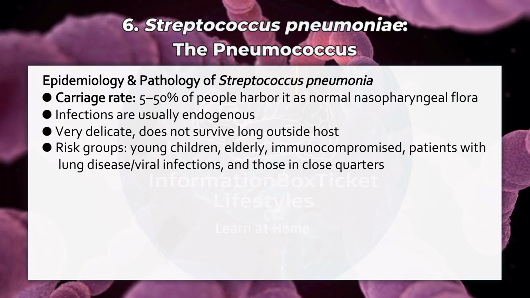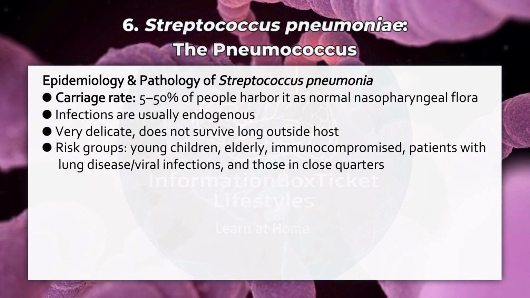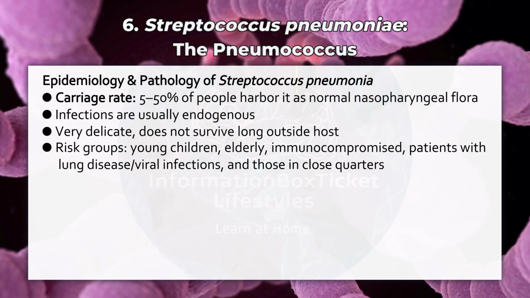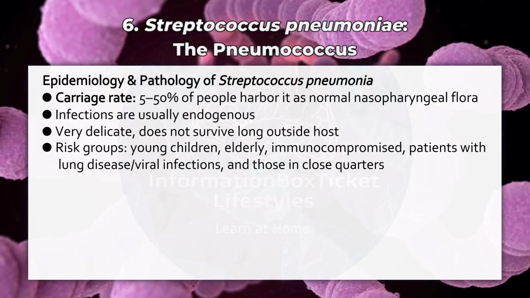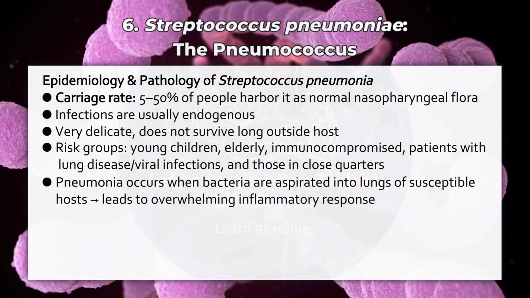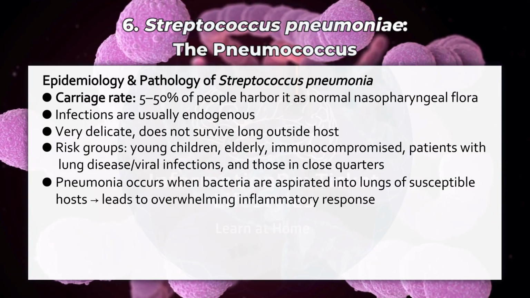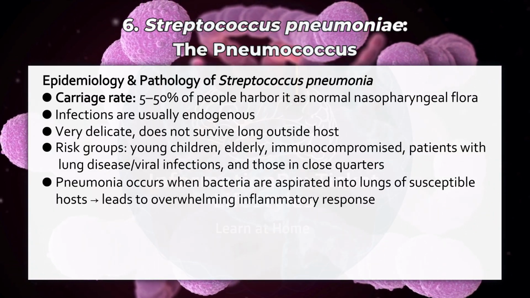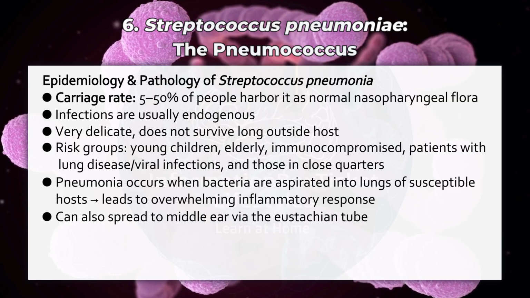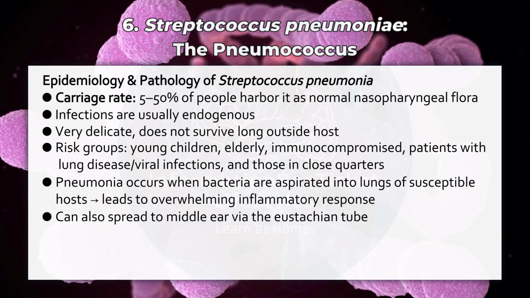Risk groups: young children, the elderly, the immunocompromised, patients with lung disease, viral infections, and those in close quarters. Pneumonia occurs when bacteria are aspirated into the lungs of susceptible hosts, leading to an overwhelming inflammatory response. It can also spread to the middle ear via the eustachian tube.